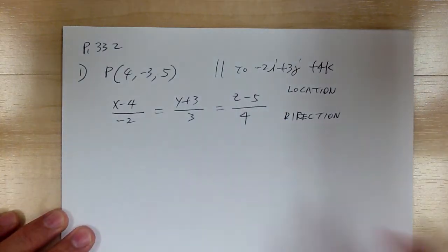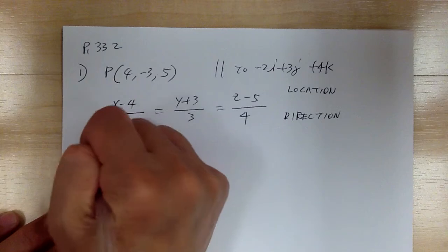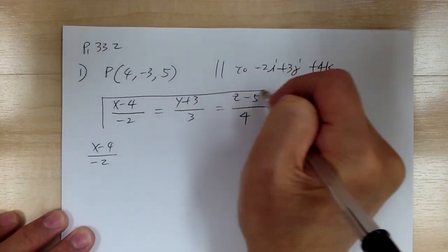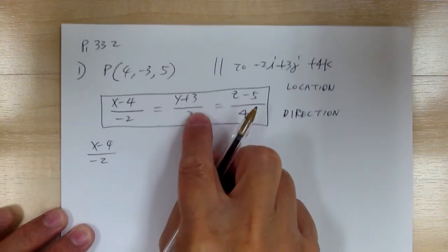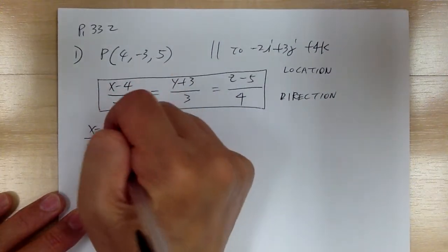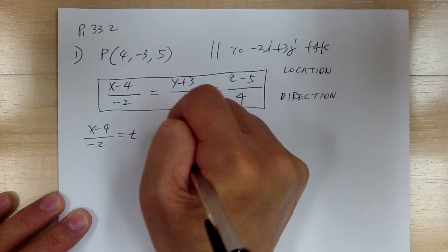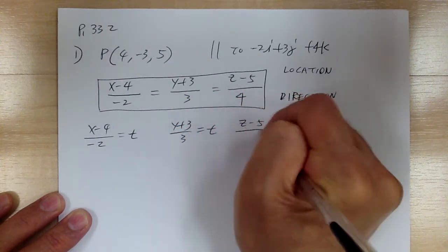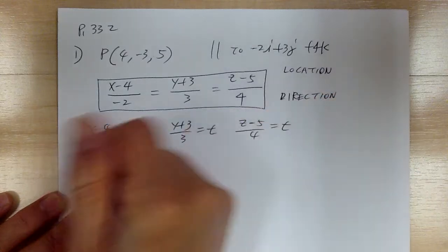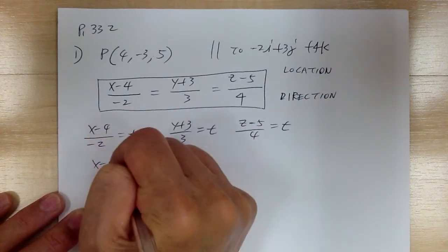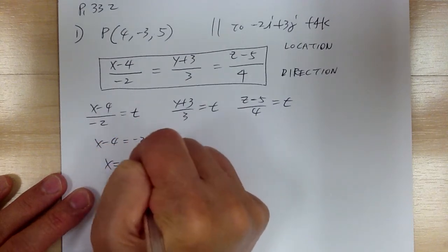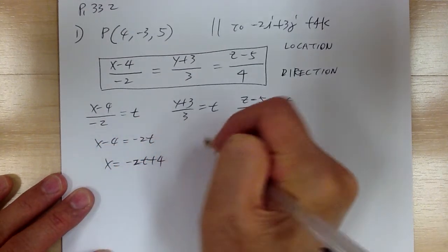Now to get the parametric equation, you set each of these equal to t. So here's your symmetric equation. Set it equal to t: x minus 4 over -2 equal to t, y plus 3 over 3 equal to t, z minus 5 over 4 equal to t. Cross multiply: x minus 4 equal to -2t, so x equal to -2t plus 4.